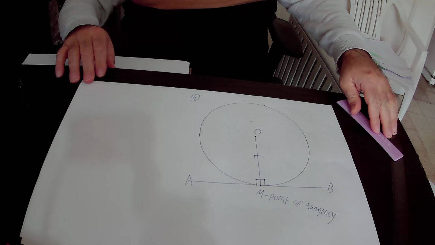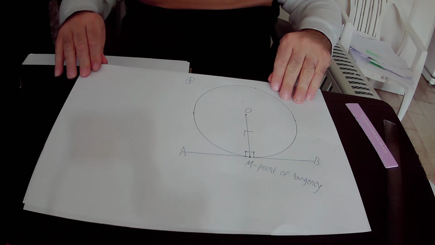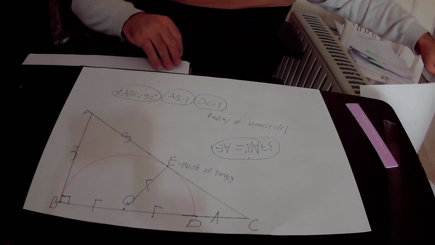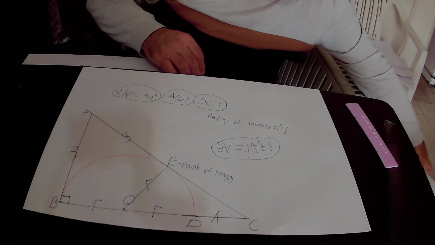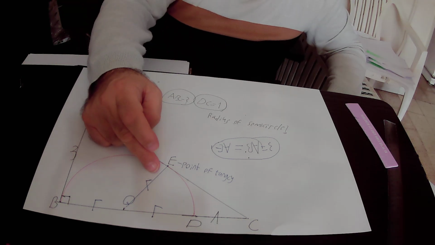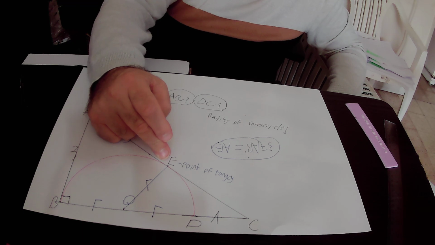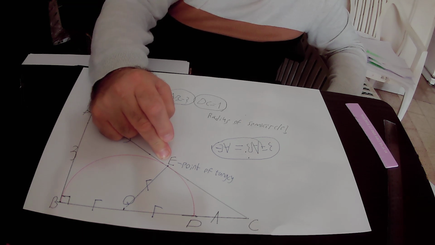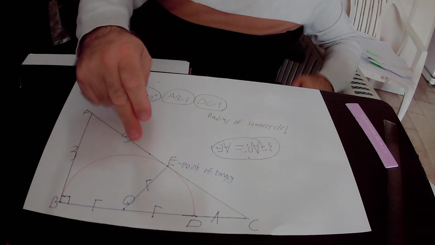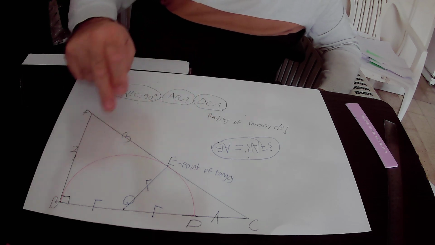And we can actually implement rule number 2 in our drawing, because in our drawing we have this radius that is drawn to the point of tangency, that is to say it is drawn to point E, that is a point of tangency of tangent AC with this red semicircle.